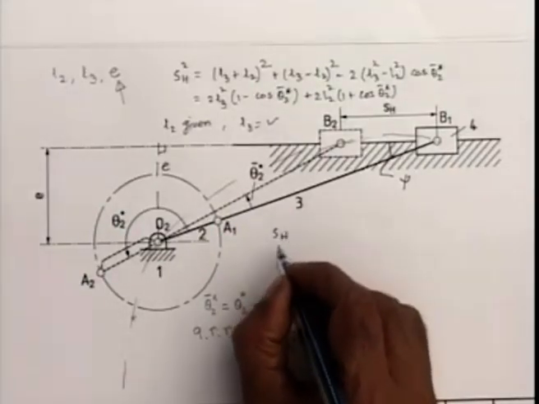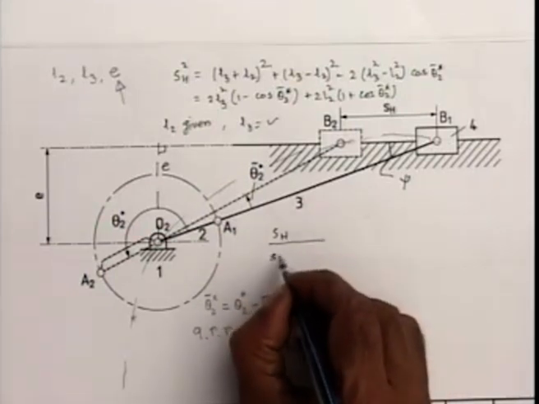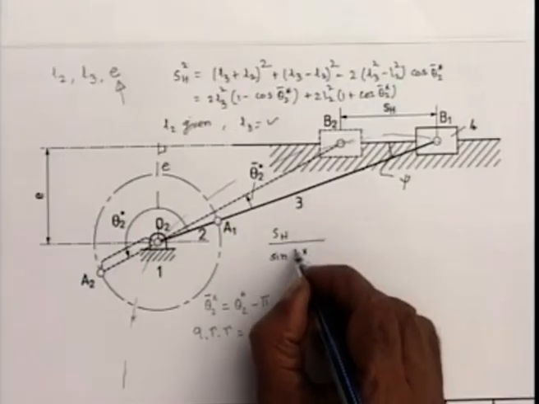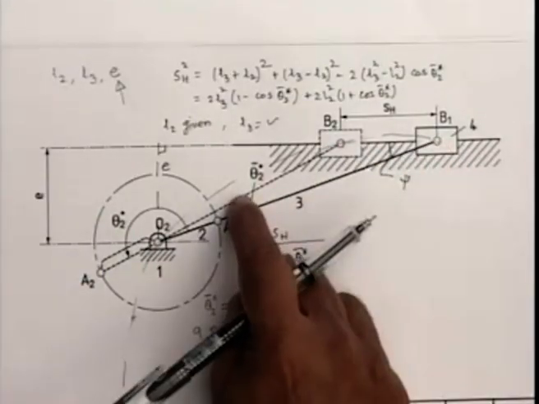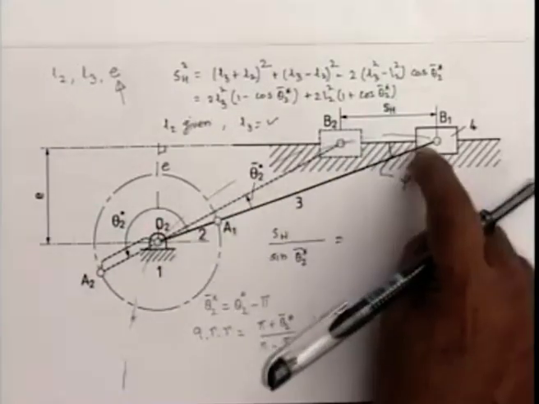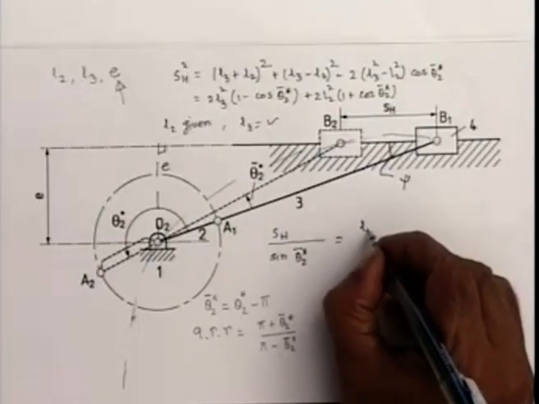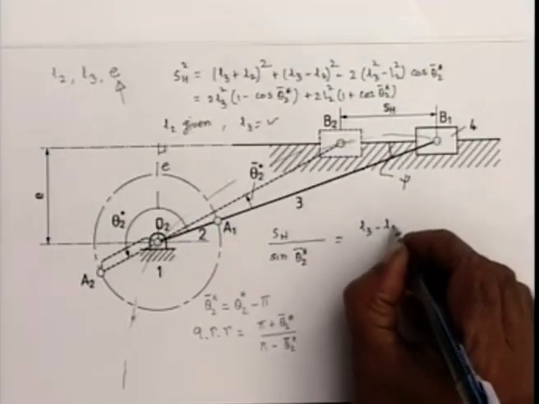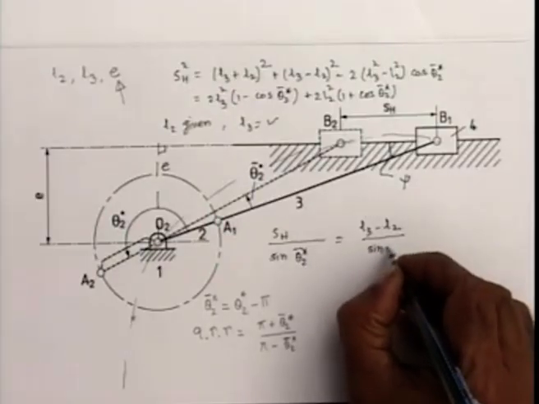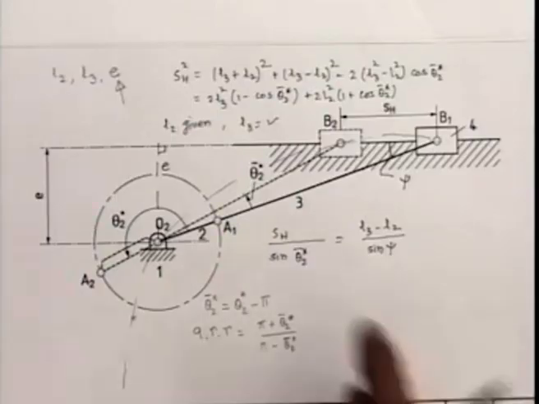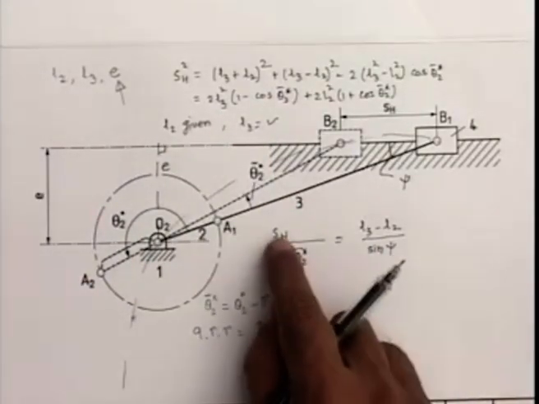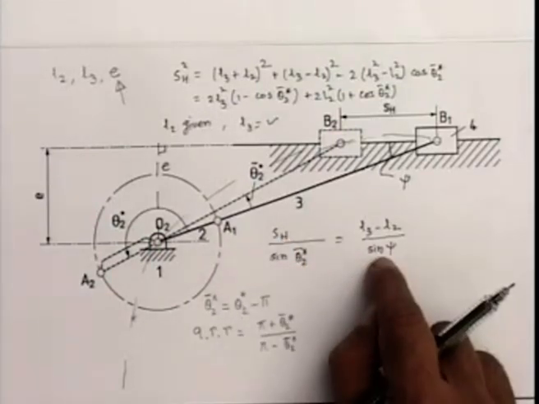SH divided by sine of theta 2 star bar, SH divided by sine of the opposite angle is O2 B2 by sine psi. O2 B2 is nothing but L3 minus L2 divided by sine psi. With L2 given, I have already solved for L3, so I know this side. So this is given to us, this is given to us, so I can easily find sine psi.